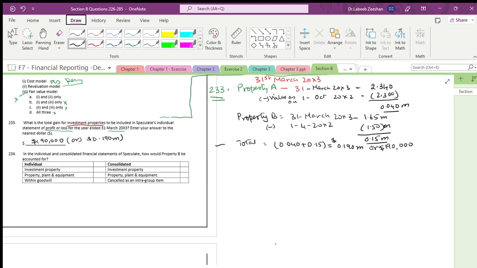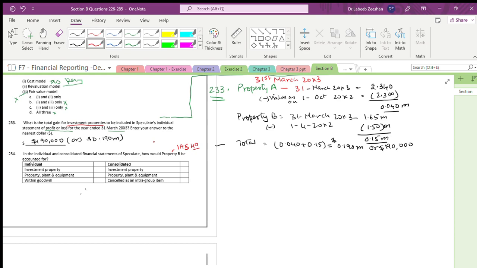If we are talking individually, definitely we are talking in terms of property B. Property B is the investment property under IAS 40.